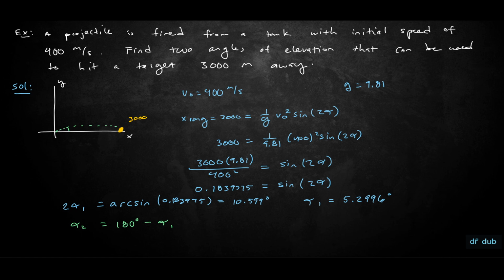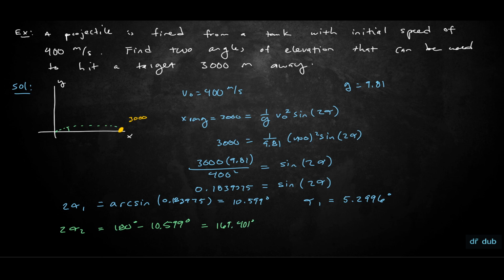I should be careful here. So 2 times alpha 2 is 180 minus 10.599, which is 169.401 degrees.